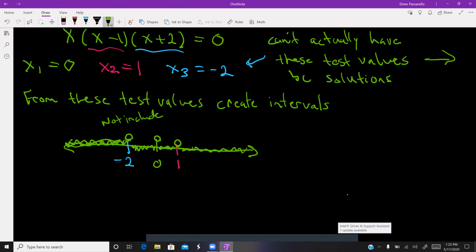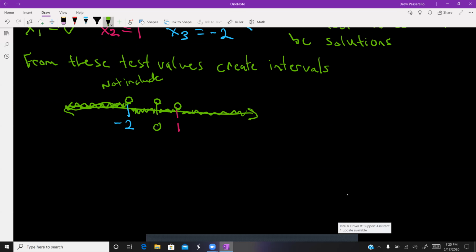So as far as the intervals go, I can have everything that's to the left of -2, which goes to -infinity, to -2, and I put a parenthesis around -2 because I have an open dot around -2. I'm not including that.